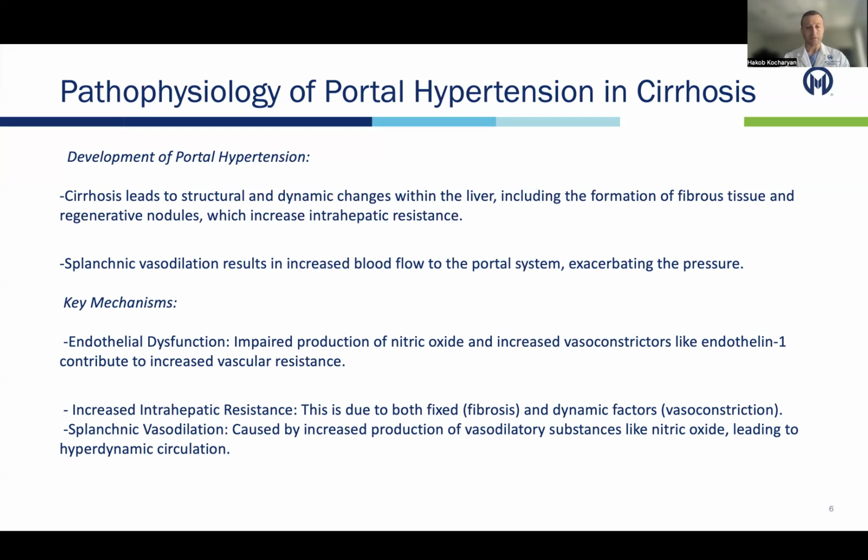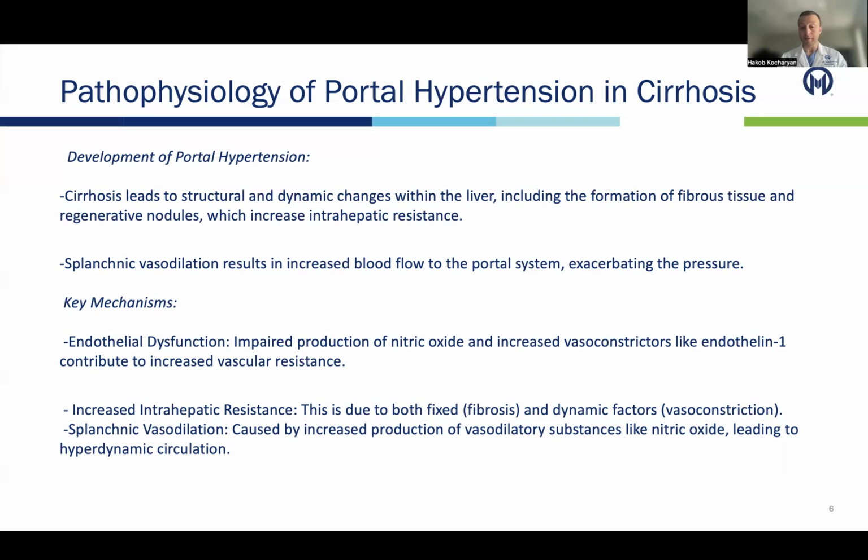Some key mechanisms include endothelial dysfunction at the sinusoidal level. This results in impaired production of vasodilators and increased production of vasoconstrictors. And this is further worsening the intrahepatic vascular resistance.